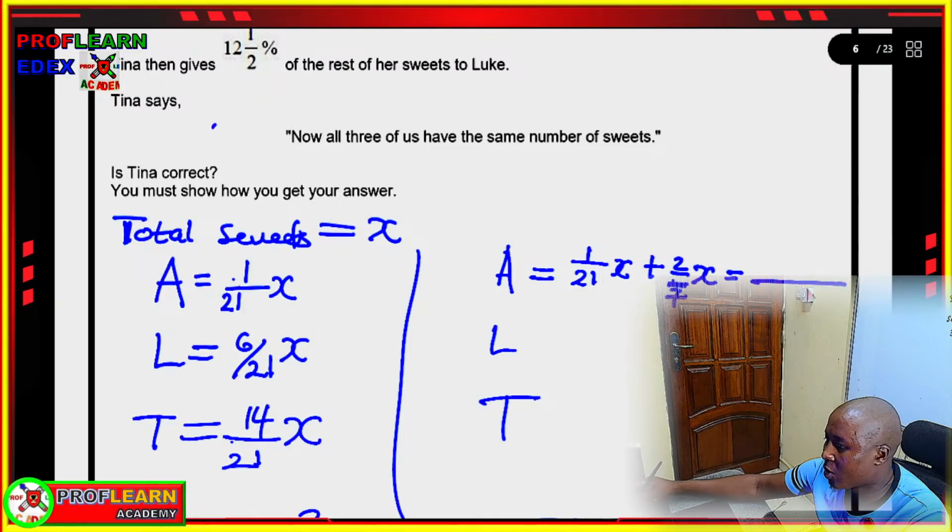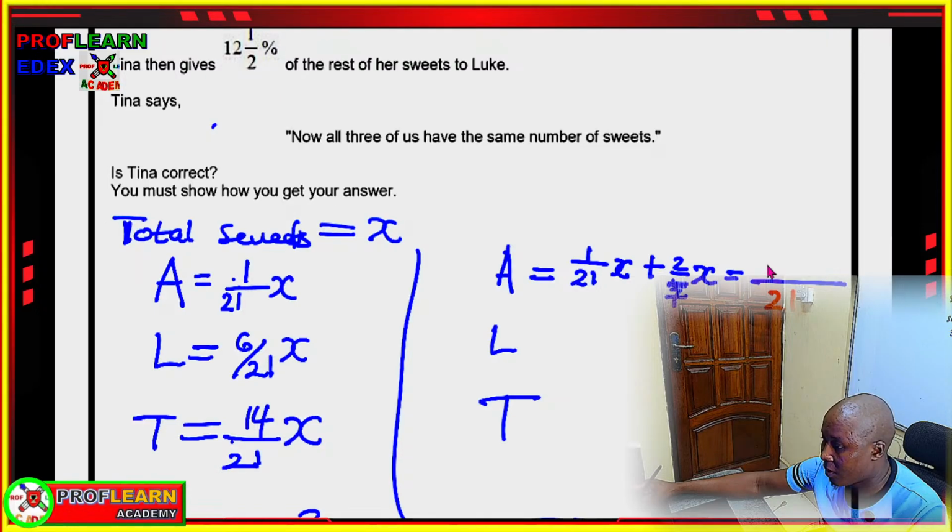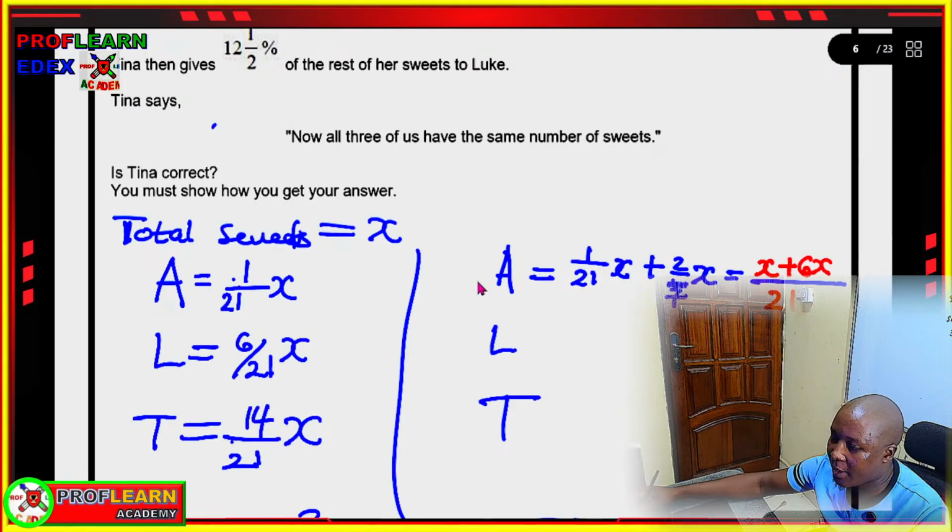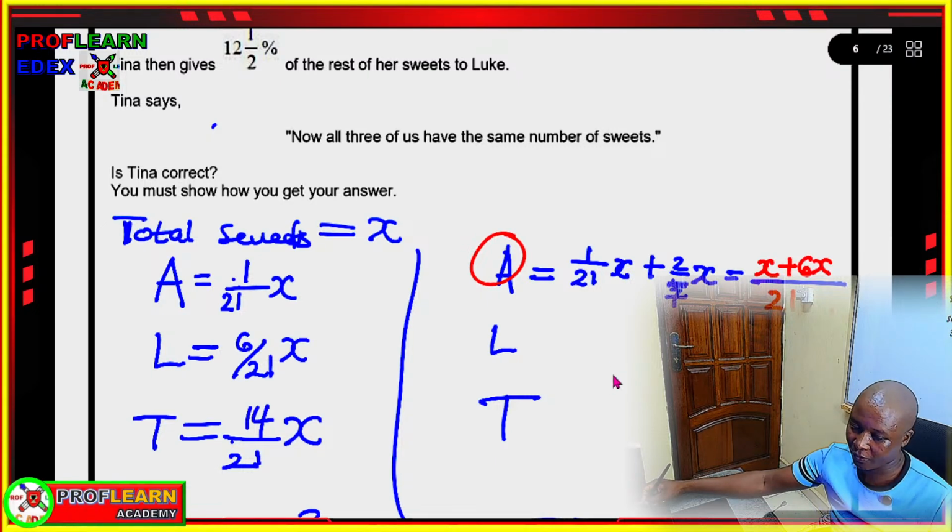What is the total number of sweets? This will be 21 over 21 x, and 2 over 7 becomes 6 over 21, so that will be 6x. So Andy is going to have a total of 7 over 21 of x, and this simplifies to 1 over 3 of x. That's what Andy will have.